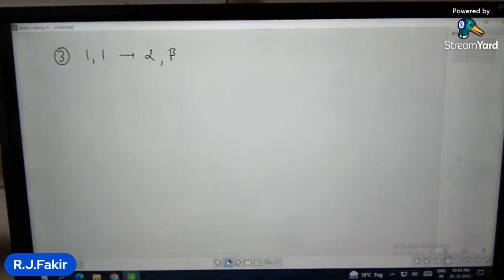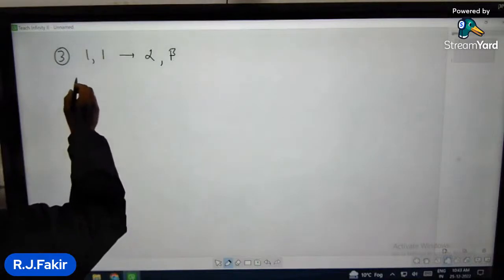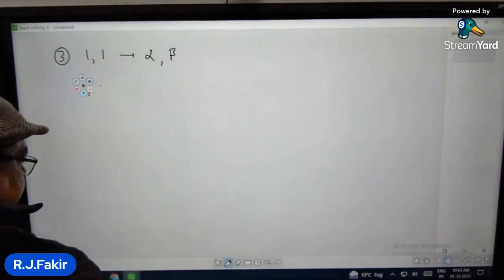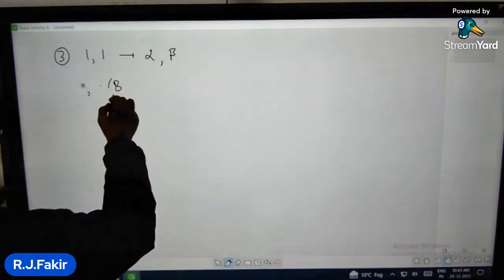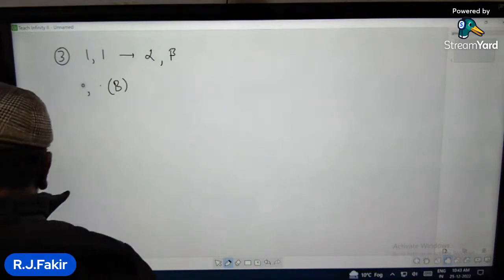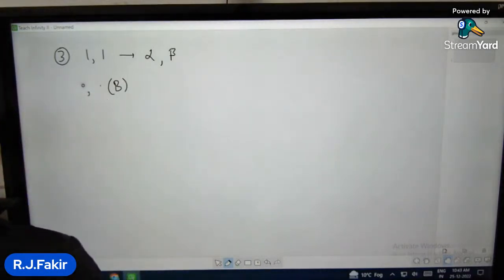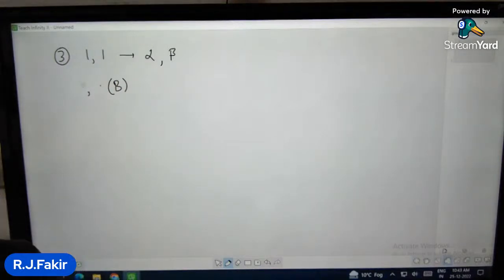So here we find that the option B is correct. The option B here is x square minus 2x plus 1.